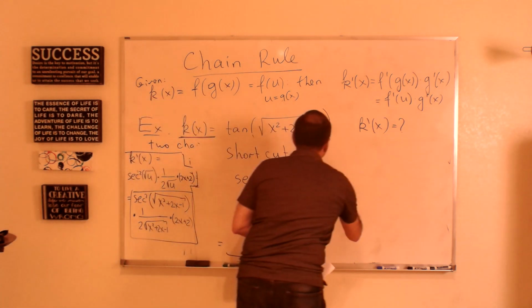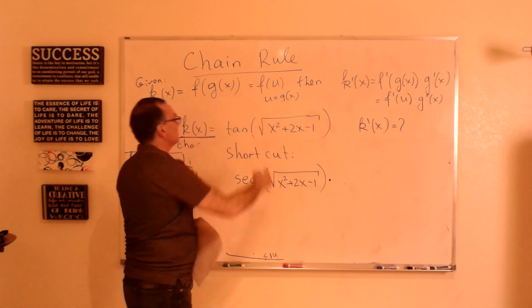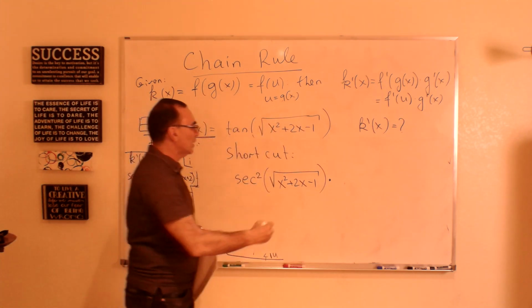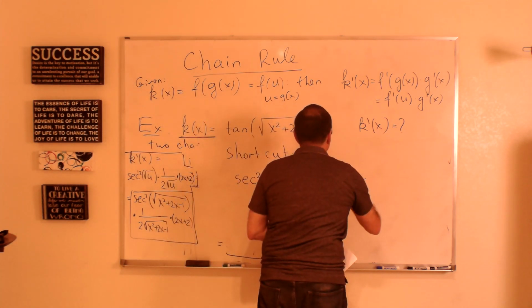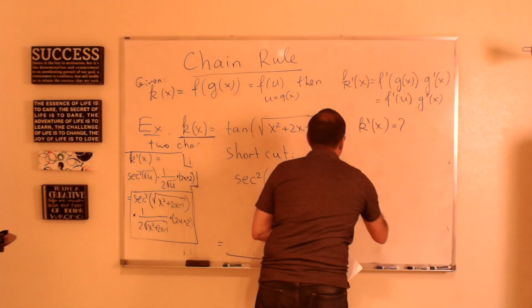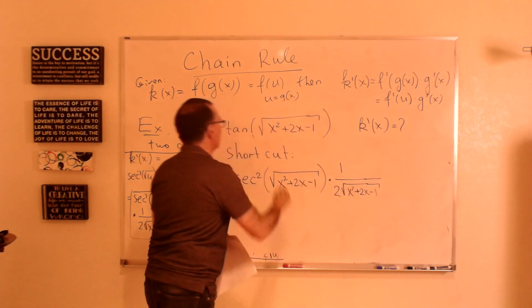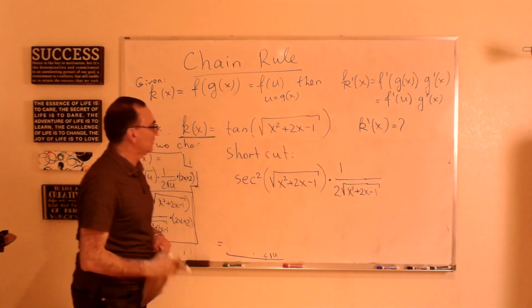So we multiply times the derivative of the square root. And we know that the derivative of square root of u is 1 over 2 square root of u. So it's 1 over 2 square root, but we put the interior function here, so x squared plus 2x minus 1. So this is how we dealt with the square root.